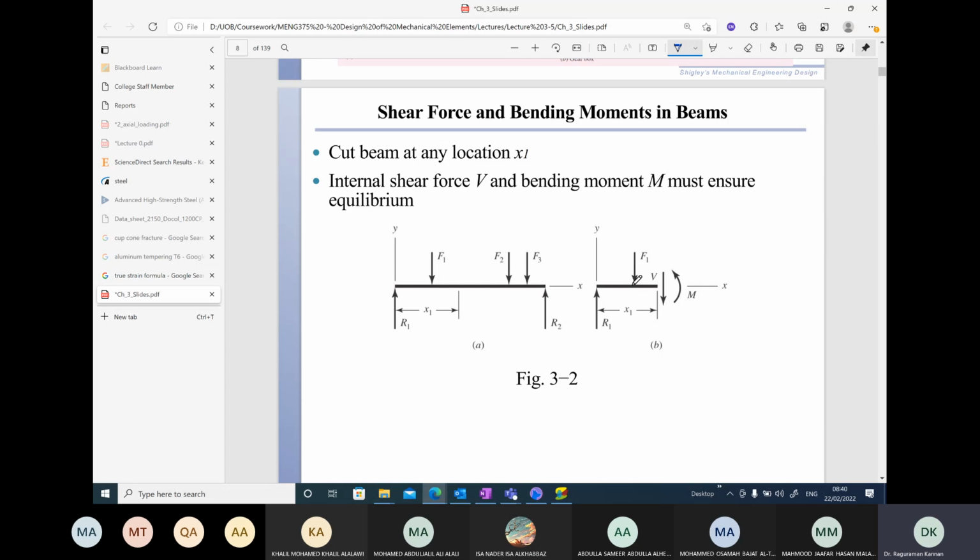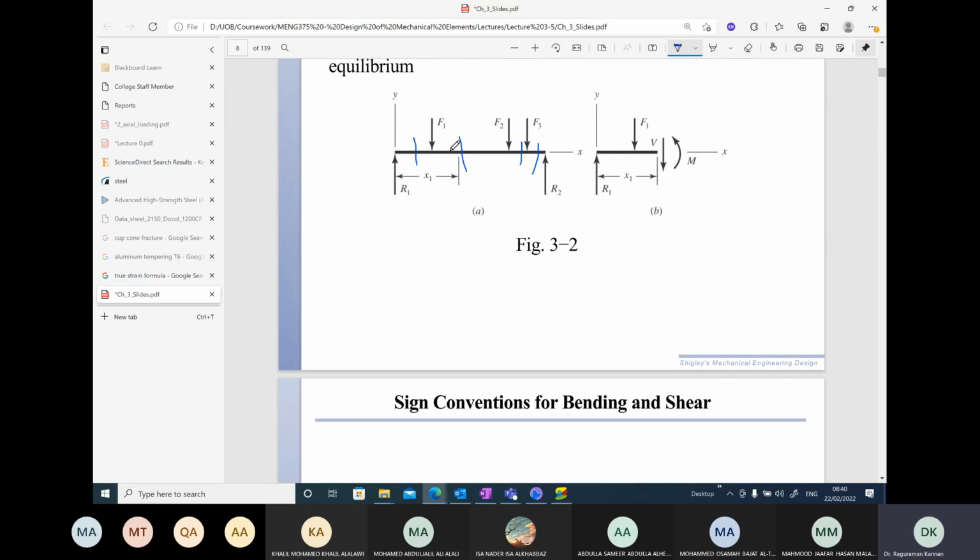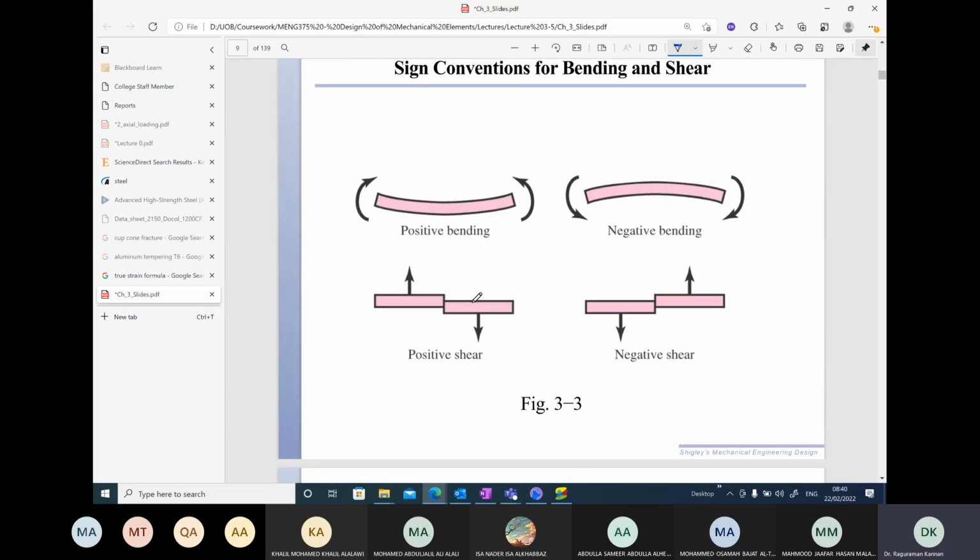Then you draw the free body diagram by taking several sections, and figure out in each section the internal moment and the internal shear force. That's how we solve for each section and then draw the shear force and bending moment diagram. But before we do that, we should fix the sign convention.